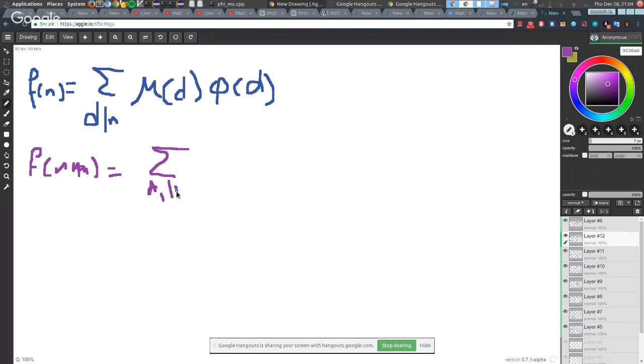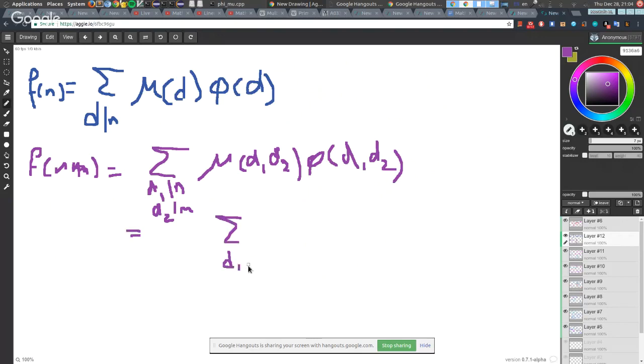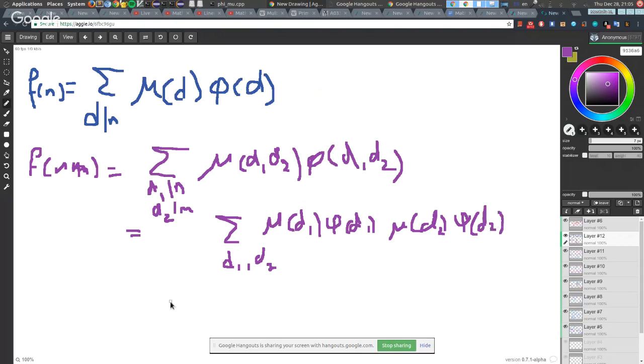So here, say that b1 divides n and b2 divides m. We have that n and m are coprime, so we can get all the divisors of n and all the divisors of m and make the pairs. So if we make the same summation, we find that it's the summation over b1 and b2.